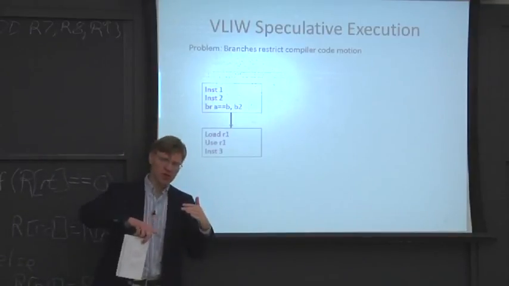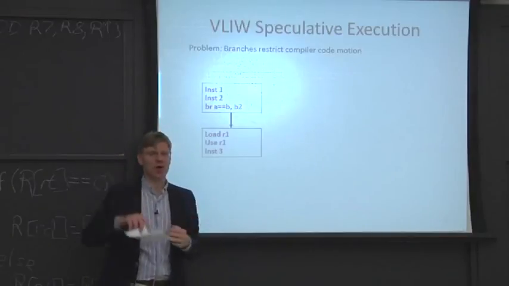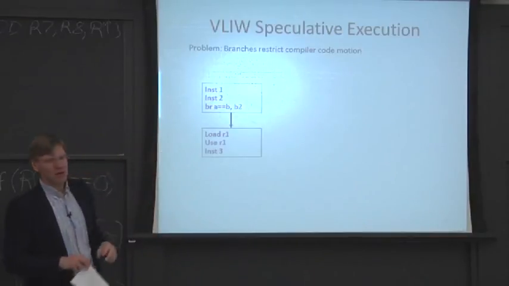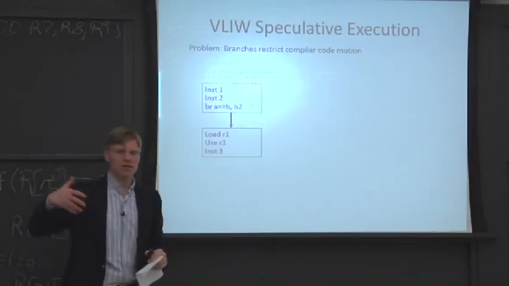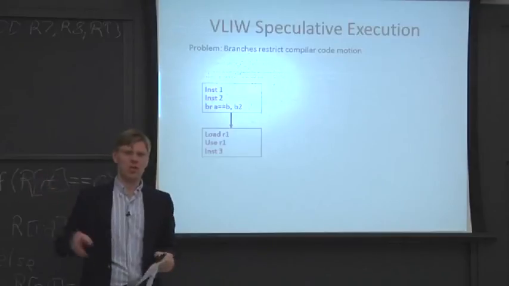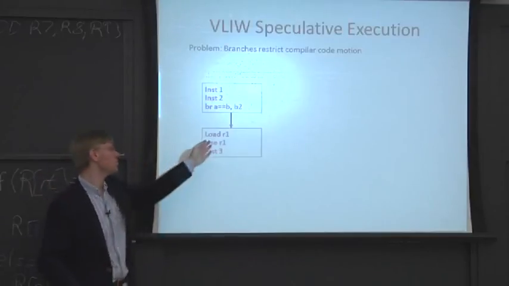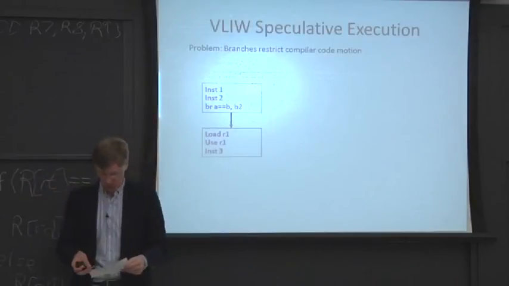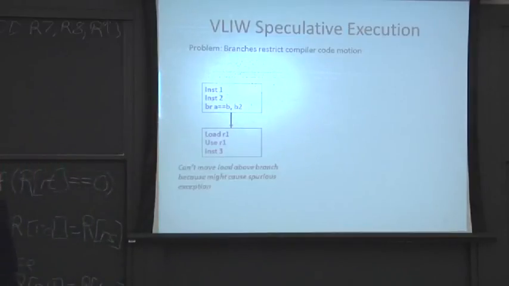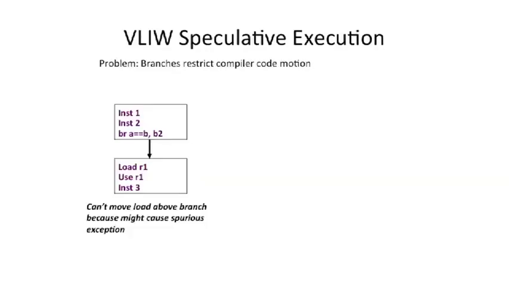Out-of-order superscalars are going to pull non-dependent loads up in the program and try to move them across branches. But in an out-of-order superscalar, if you pull a load up and it does something wrong, it was speculative state. You just don't care about it. So we need some way to have loads that don't hurt the system. It's a similar sort of idea, but we can't move this load above the branch because it might cause some sort of exception.